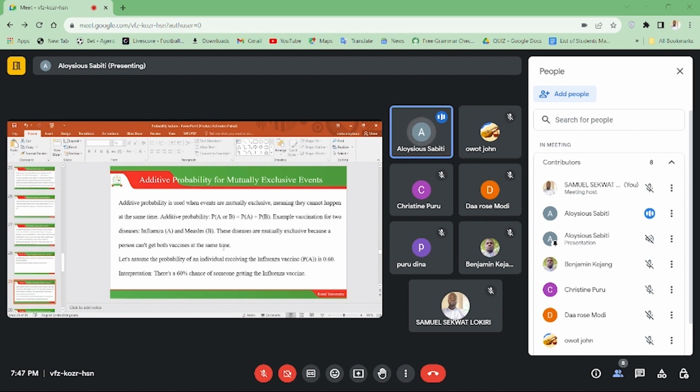Examples of vaccination for two diseases, let's say influenza and measles. Now, these diseases are mutually exclusive because a person cannot get both vaccines at the same time.